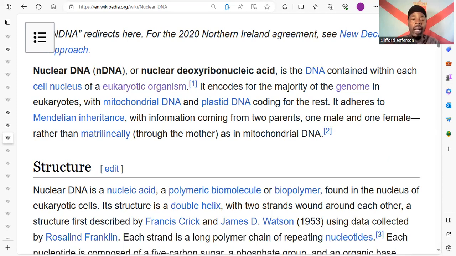It adheres to Mendelian inheritance, with information coming from two parents, one male and one female, rather than matrilineal through the mother, as in mitochondrial DNA. Did you hear that?